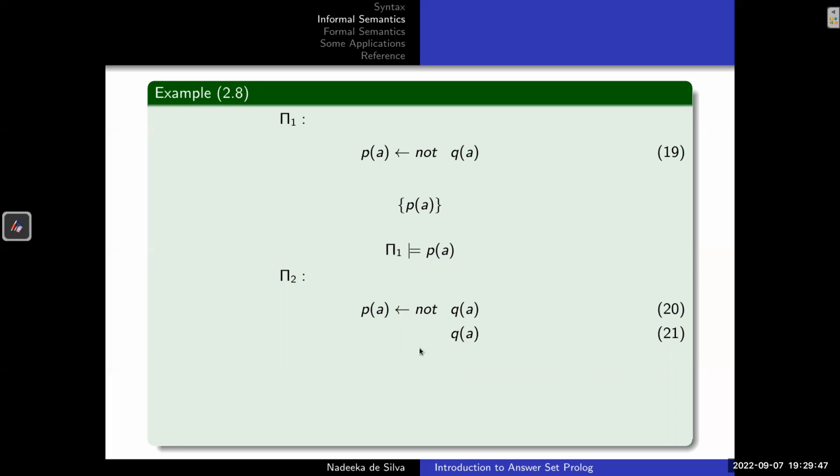So now in this program, the answer set is QA, no? Because QA is a fact, I have to include QA. Because I included QA, I'm not going to include PA, no? Because I'm not believing in the body now. Okay, the body is not satisfied, so I don't have to include the head.